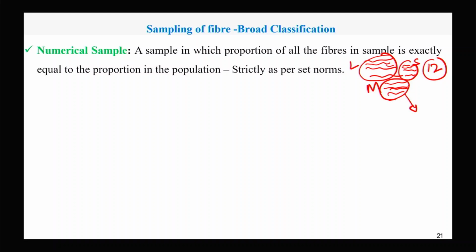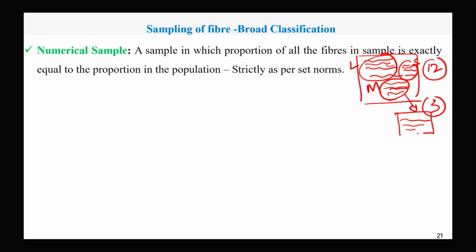Now if we want to take specimen or sample from this bulk, say 3 samples, if we want to take 3 fibers, where 1 long fiber, 1 medium length fiber, 1 short fiber should be there.